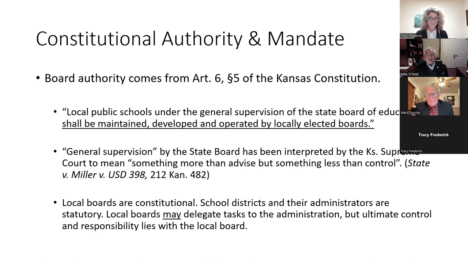Local public schools under the general supervision of the State Board of Education shall be maintained, developed, and operated by locally elected boards. What's important there is that the writers of the education article use 3 verbs. It is the responsibility of these locally elected boards to maintain, develop, and importantly, operate the schools.